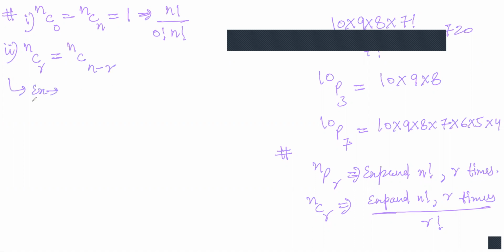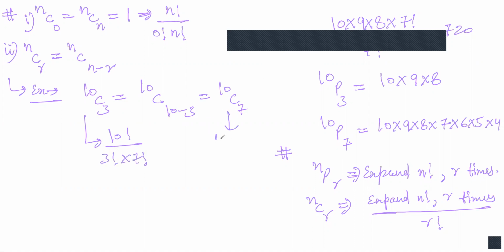Now, understand this using an example. 10C3 can also be written as 10C7, that is 10C(10 minus 3), which is 7. So understand by expanding. 10C3 is 10 factorial divided by 3 factorial into 7 factorial.